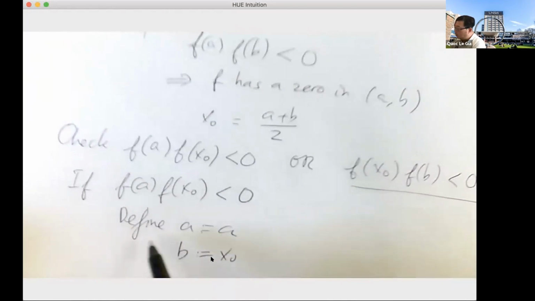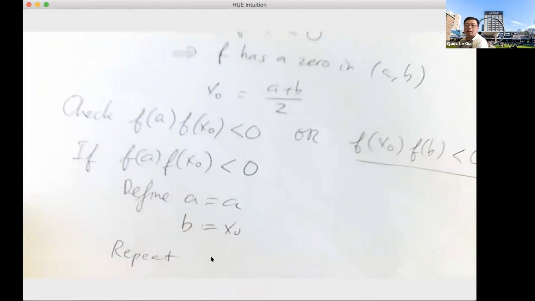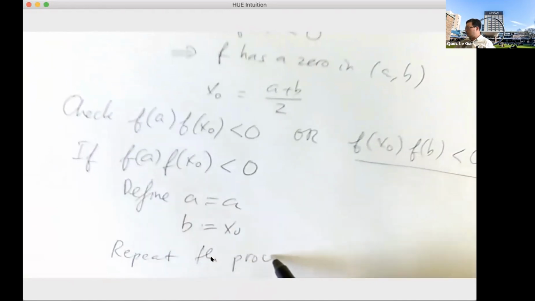And then you repeat the whole process. Okay, so that is the bisection method. So repeat the process.